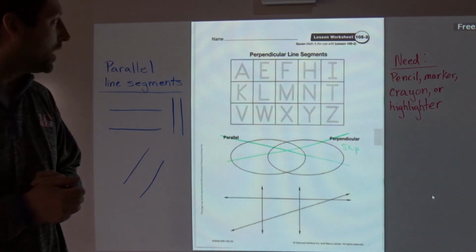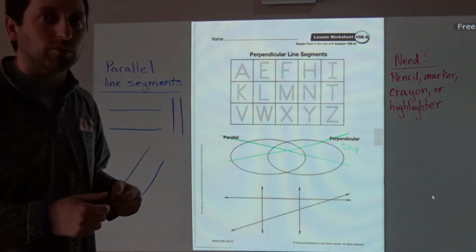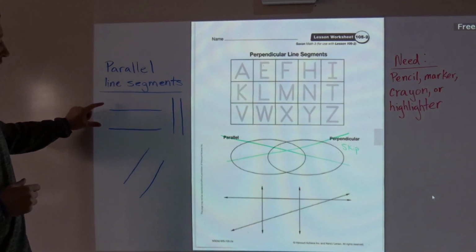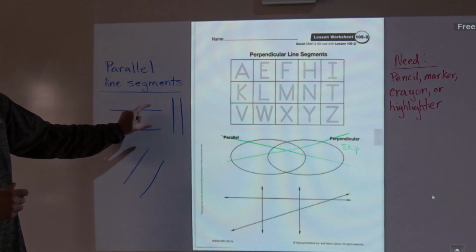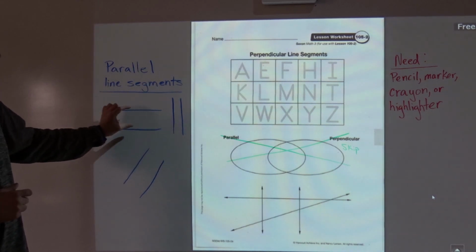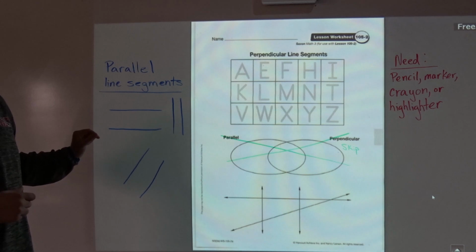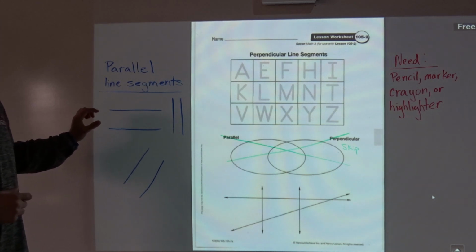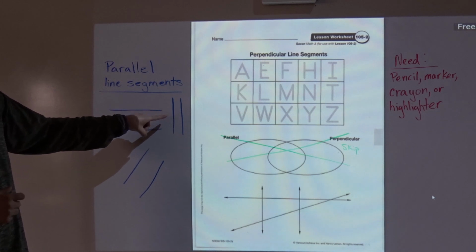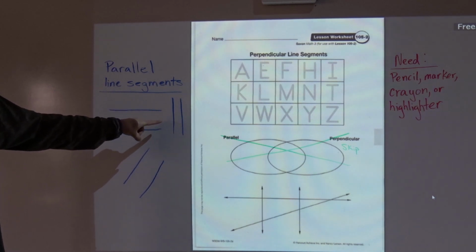Here's a video on perpendicular line segments. So first I'm going to review parallel line segments. Here we have a set of parallel line segments because they're going in the same direction and they are always the same distance apart. They are horizontal parallel line segments. Then I have a set of vertical line segments that are also parallel.